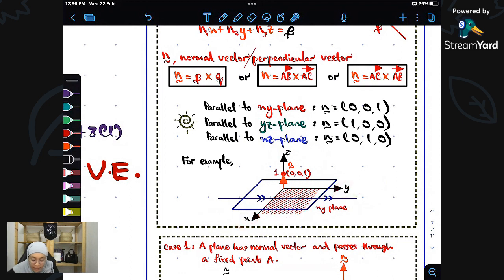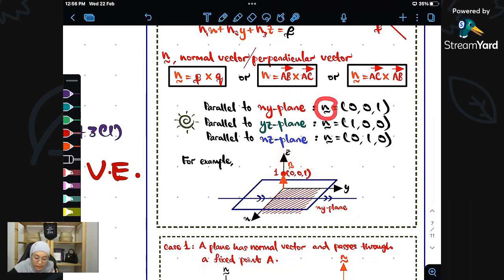Okay, XY plane mempunyai normal vector 0, 0, 1. XY plane mempunyai vector. Vector apa? Vector yang normal lah. Normal vector dia adalah Z tau, adalah pada paksi Z. So paksi Z adalah 0, 0, 1.